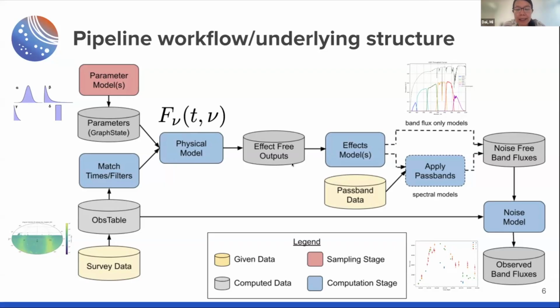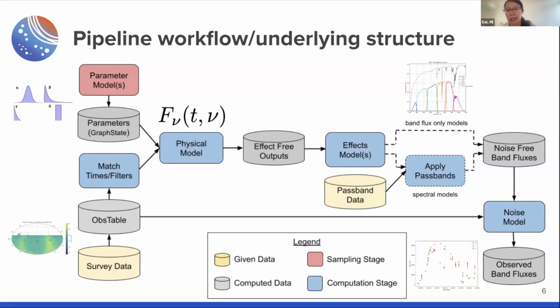And then we apply effects. This includes things like Milky Way extinction or host galaxy extinction, lensing, all these kinds of things. And then if we're doing an extragalactic model, we usually have to redshift it and then integrate it over the passband to get the actual perfect fluxes.